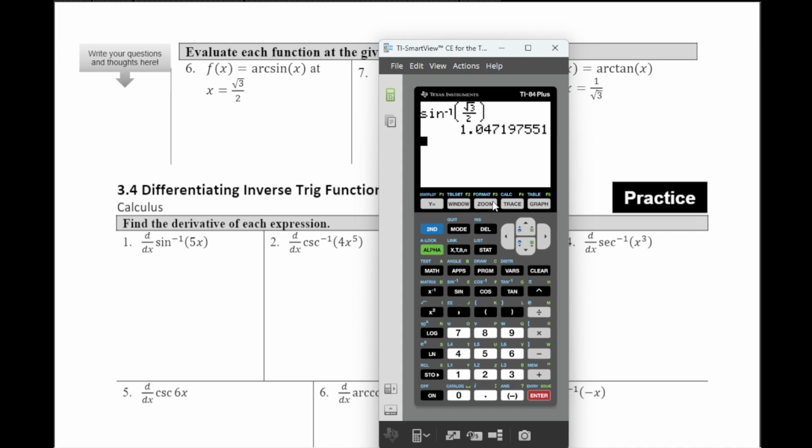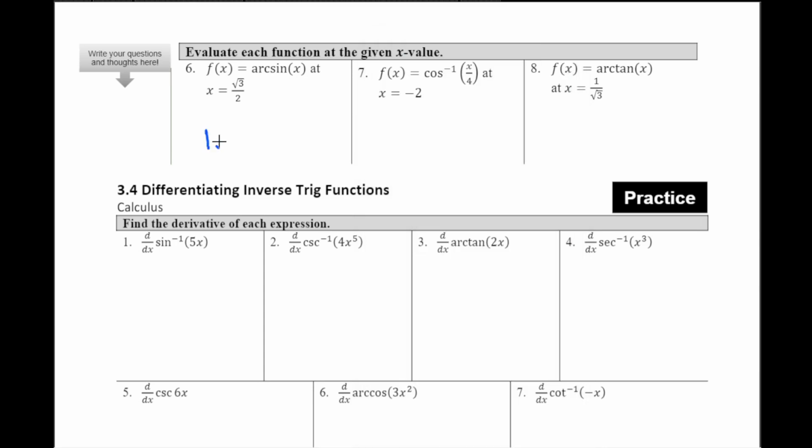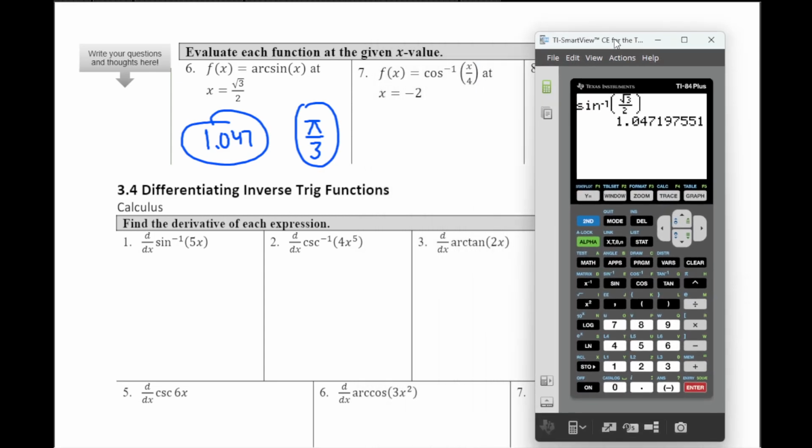And you should get 1.047. Or if you have your calculator on exact mode, it should say pi over 3. Either one of these is acceptable. Again, practice these because you're going to need to do these for some of the practice problems if you need to evaluate, like calculate the tangent line.